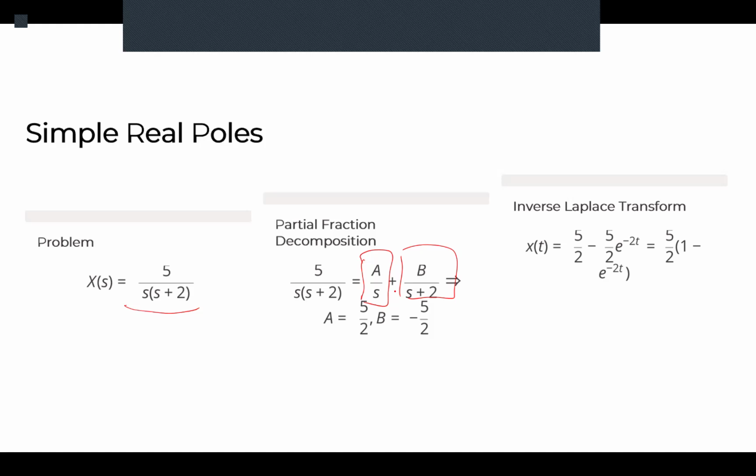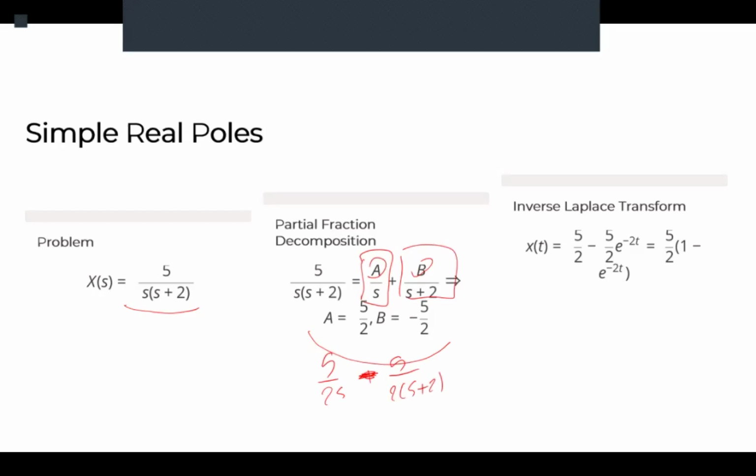So we split those terms. We know how to calculate the A and B. We already covered that. So if we calculate that, we would have 5 over 2s minus 5 over 2(s plus 2).